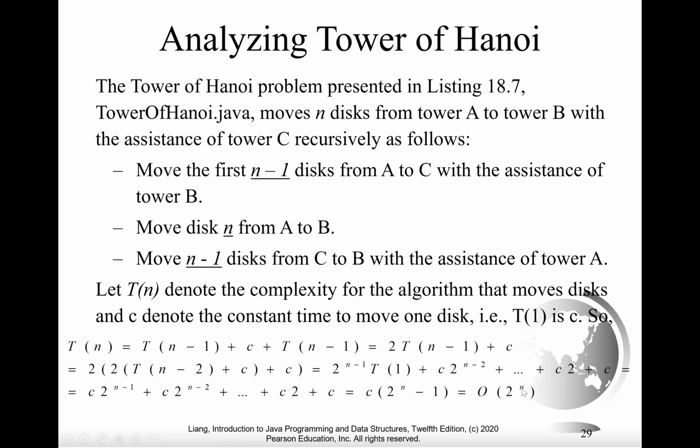So when you increase n just by 1, the time complexity is doubled. And so this is very inefficient. It's exponential time growth. So it's a very, very slow algorithm, with order of 2^n.